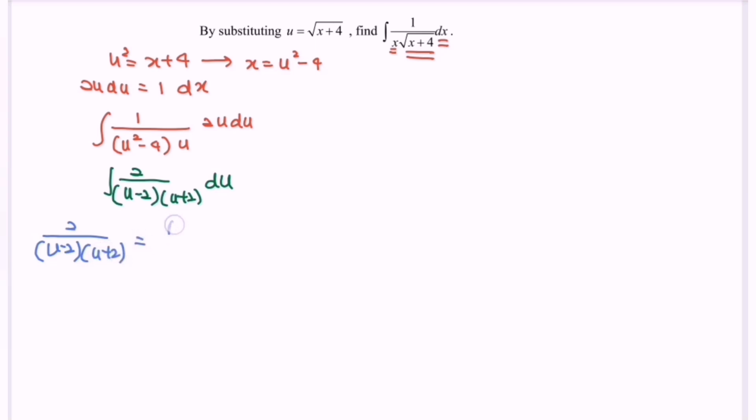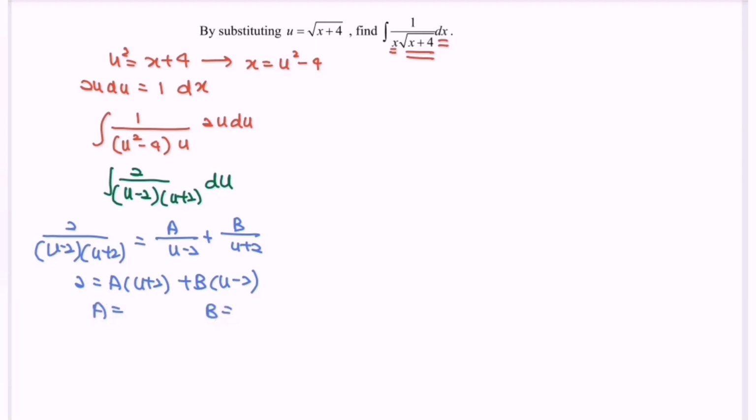Basic structure, we have A over u minus 2 plus B over u plus 2. Why A and B? Because referring to the denominator, we have linear factors, so the numerator will be a constant. So 2 equals A multiplied with (u plus 2) plus B(u minus 2).